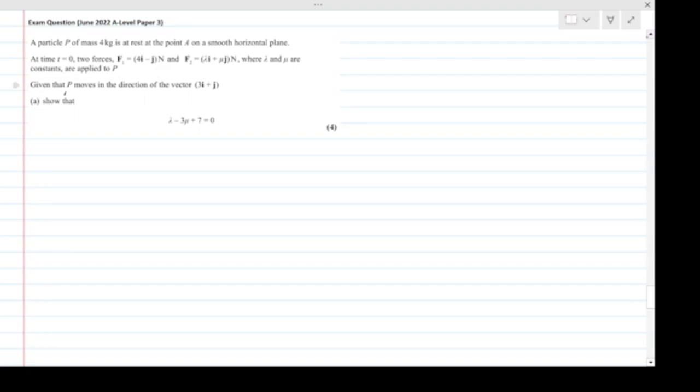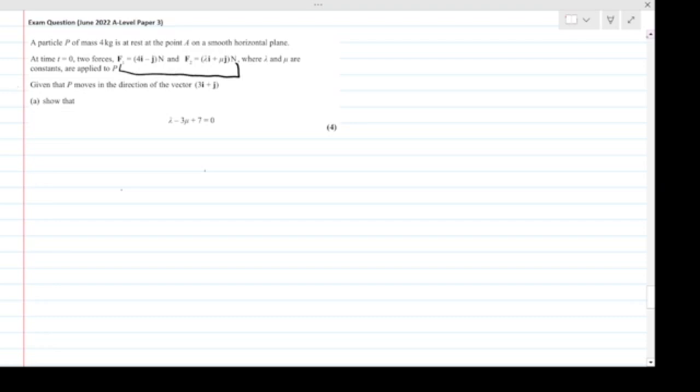Given that P moves in the direction of this vector, 3i + j, we need to get to this equation here. What we're going to do now: we're told that these two forces are applied to P and that P moves in this direction. If we first calculate the resultant force, that's never a bad idea.